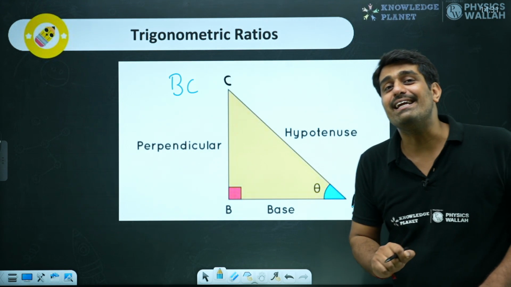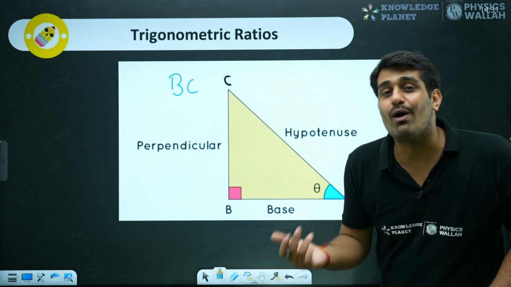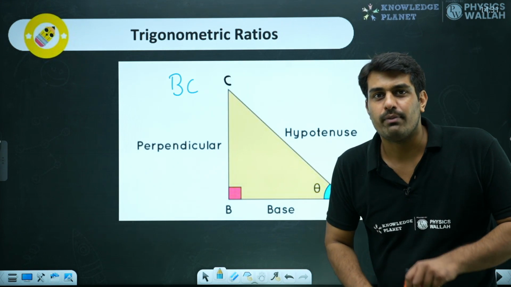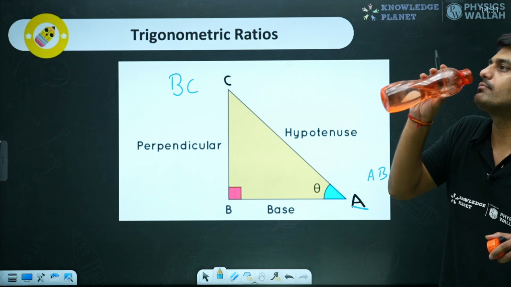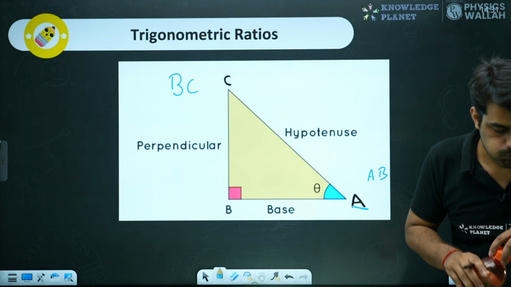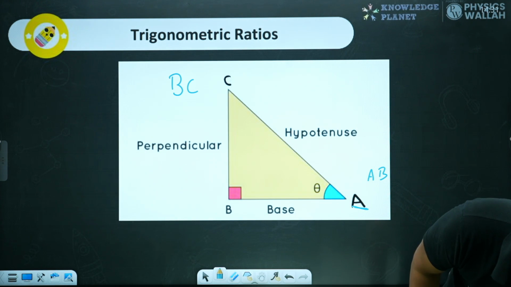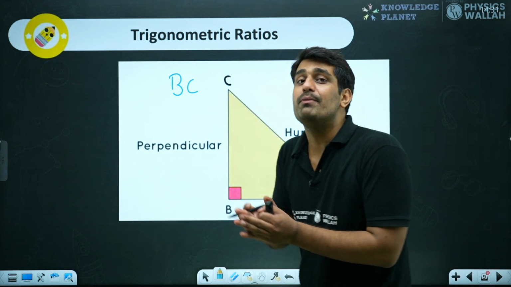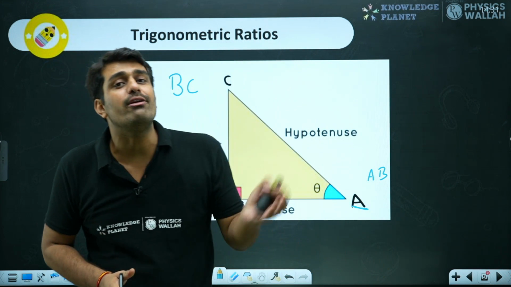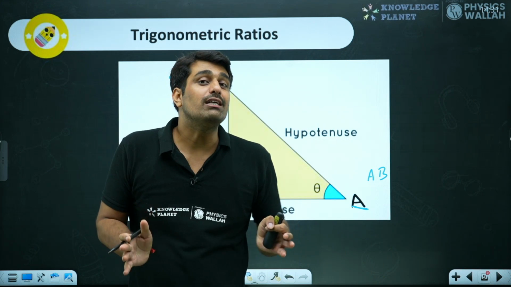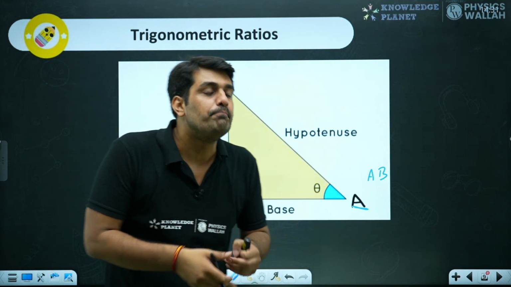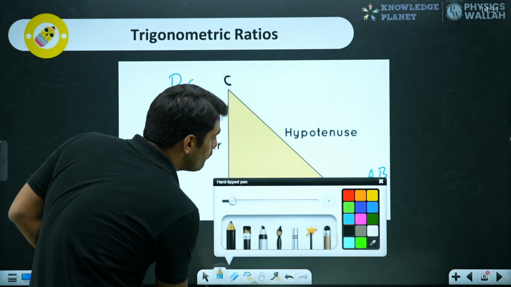Now the important thing, Pythagoras theorem, as I mentioned. What exactly is Pythagoras theorem? If you are clear about the hypotenuse, perpendicular and base, the Pythagoras theorem gives you the relation among the three. It's very simple to understand.